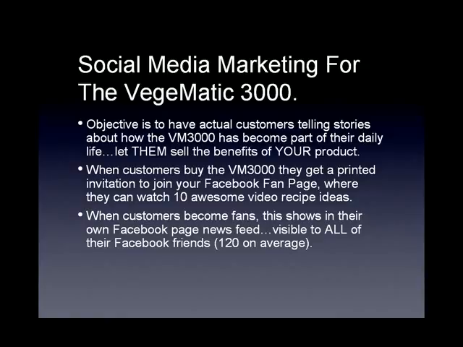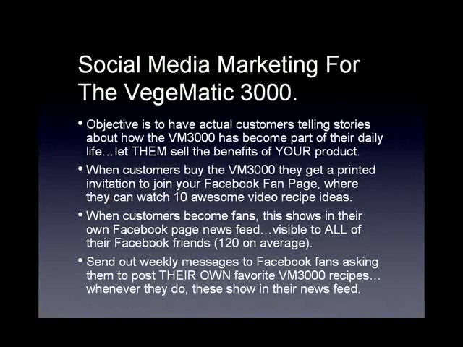All right, and as we talked about in video number 1, this is going to be visible to all of their Facebook friends. And we talked about, on average right now, the average Facebook user has 120 friends. All right, so basically they show up to watch the video recipes, and when they become a fan, all of their friends are going to see that they now own the Vegematic 3000. Thinking, hey, that sounds pretty cool. I wonder what that's all about.